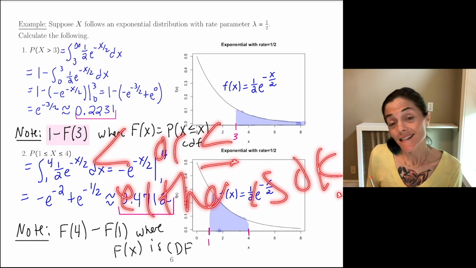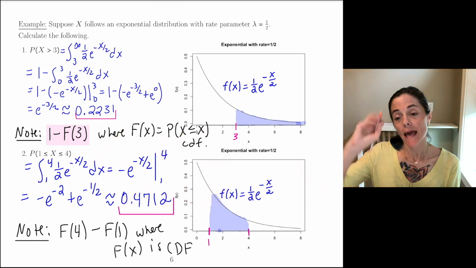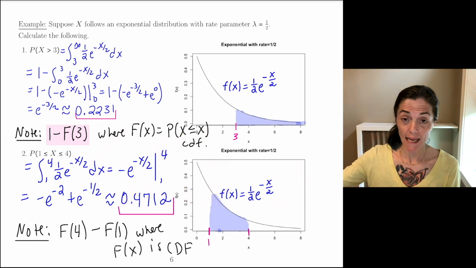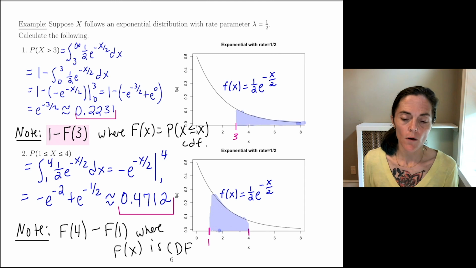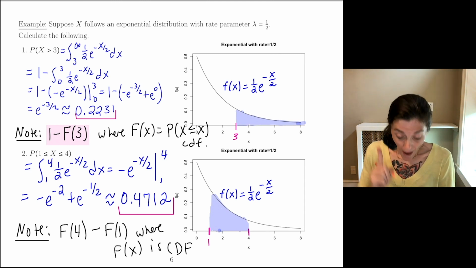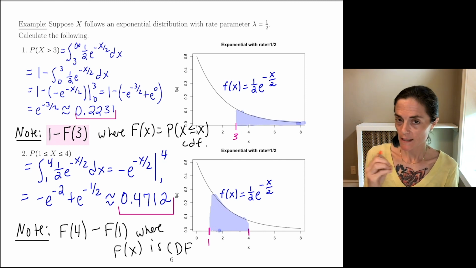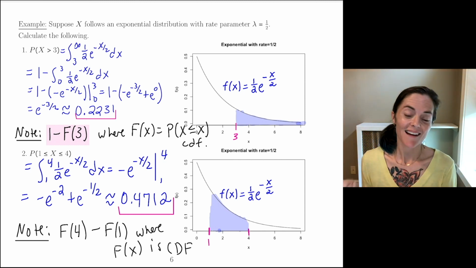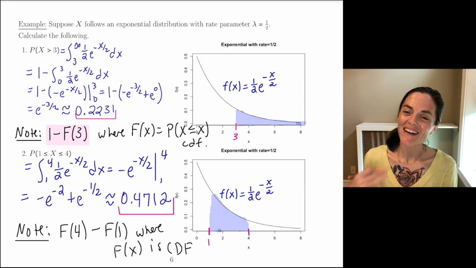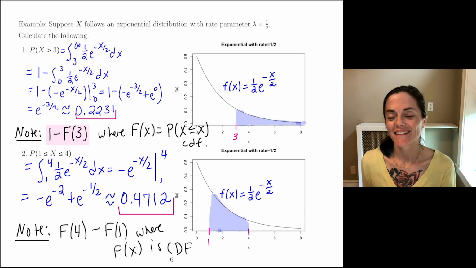Really, it's because in the continuous world, the probability that capital X equals any specific value is 0. As we saw in the last video, we must pay attention to the difference between those two in a discrete random variable. But here I don't have to worry about that.